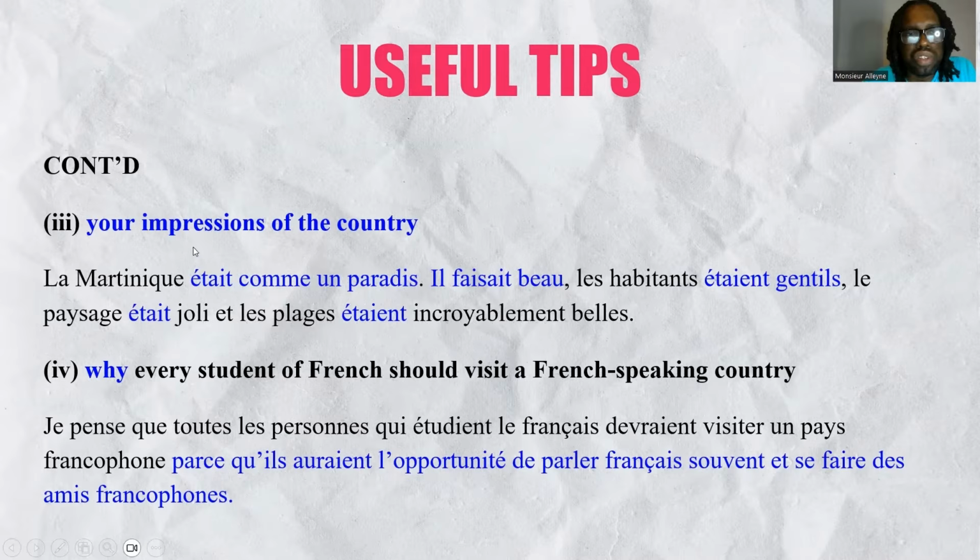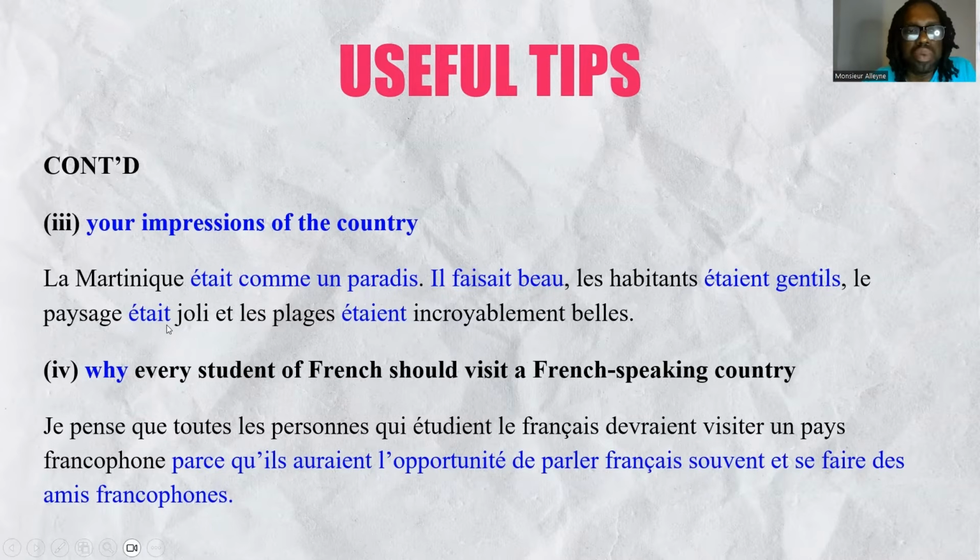And the impressions here are highlighted in blue. Remember, for the impressions, we're describing things about the country. And we describe that Martinique is like heaven, is like a paradise, right? The weather was beautiful. That's a description. The people were nice, right?